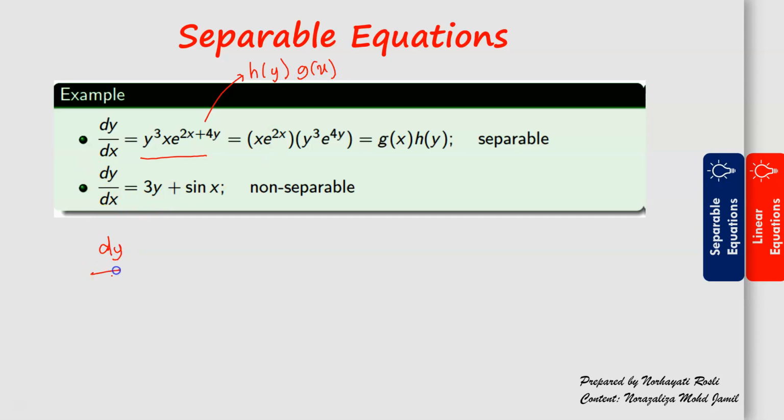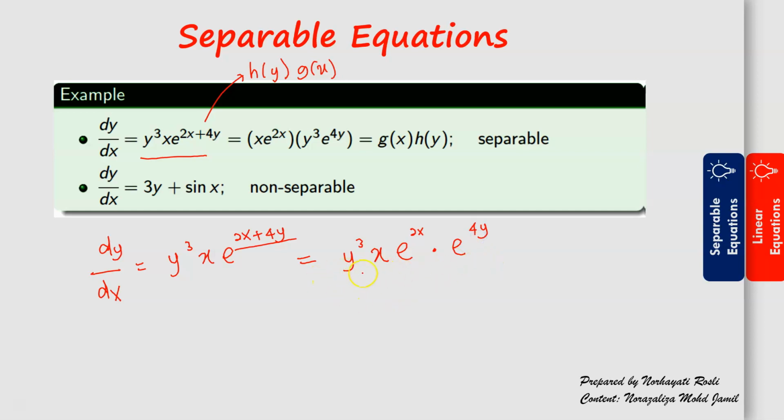We have dy/dx equal to y^3 x e^(2x+4y). You can use the power law, so we can write it as e^(2x) multiplied with e^(4y).